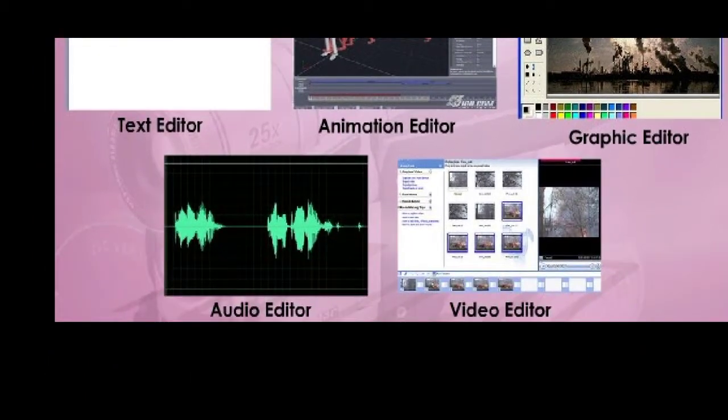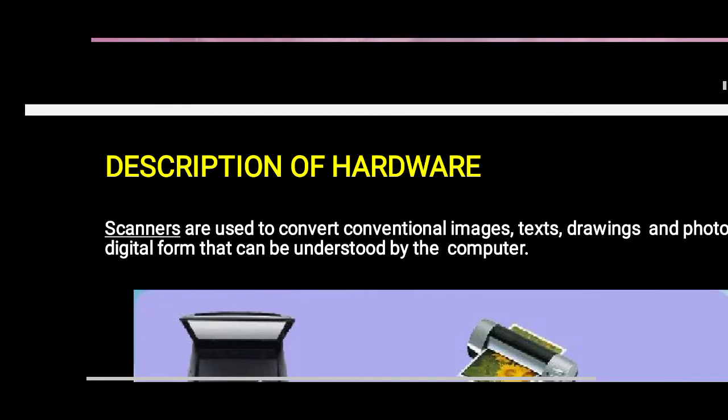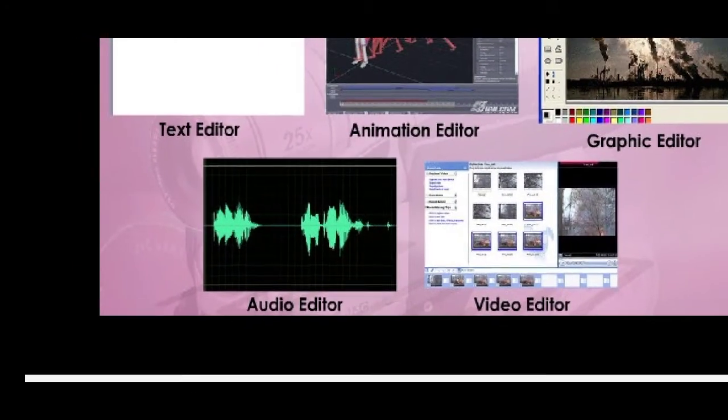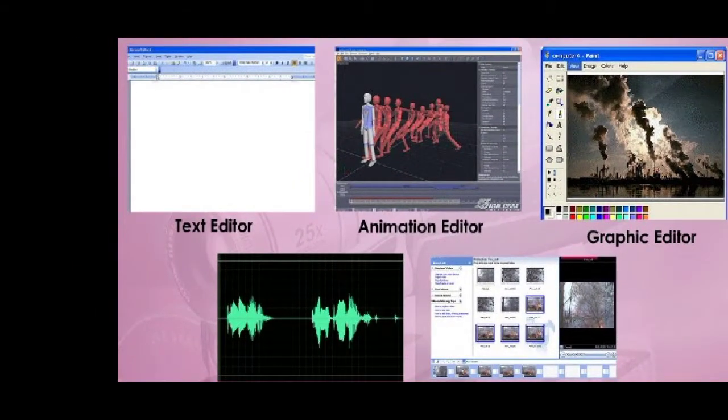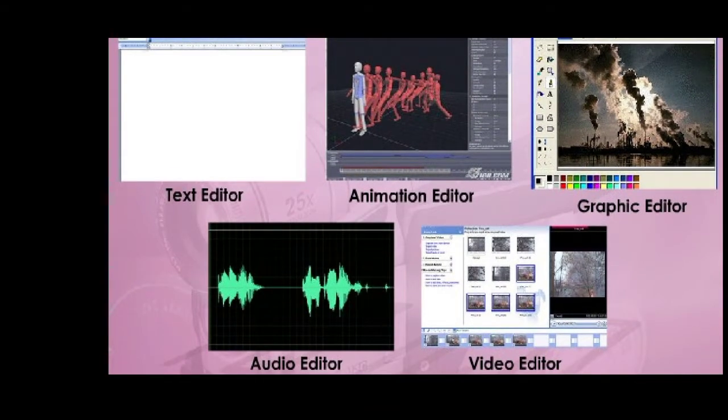These are the different editors we have. Suppose you want to edit text, a number of text editor software packages are available. At the same time for animation, graphics, audio, and video.